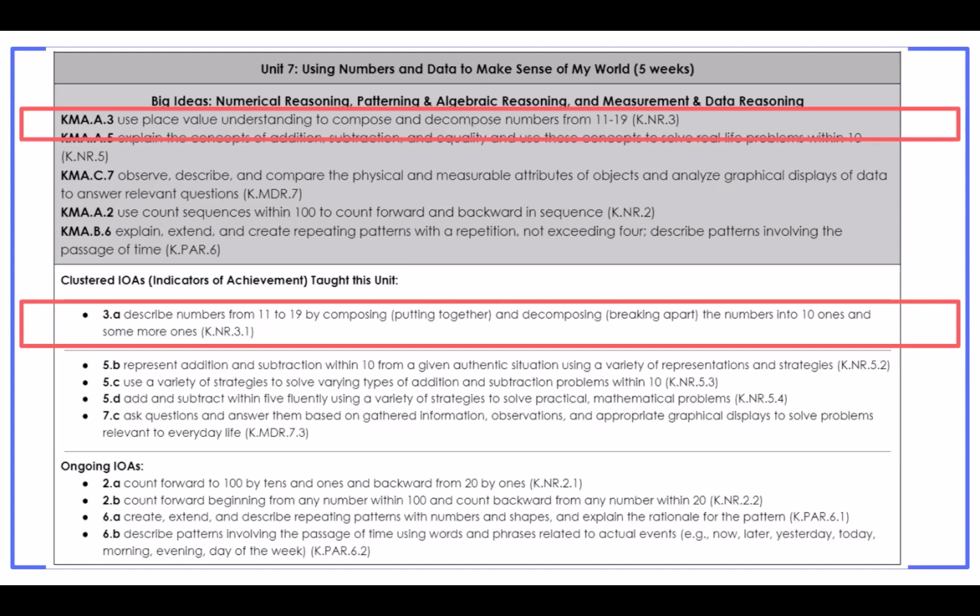Students develop an understanding of teen numbers as a group of 10 ones and some more ones. This foundational understanding will be extended in first grade when students are formally introduced to place value and unitize the 10 ones to a 10. Since kindergarten students do not unitize the 10, base 10 blocks are not used in kindergarten.